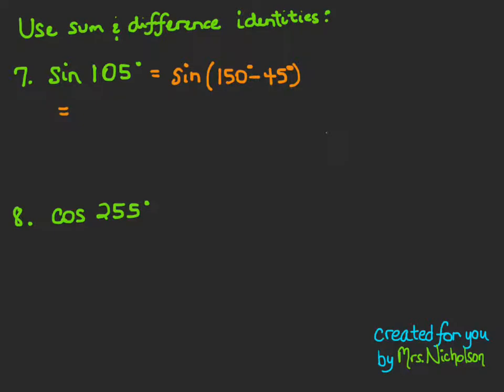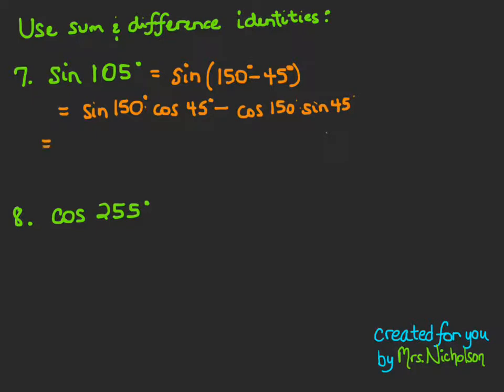This is going to be equal to sine of 150 times cosine of 45 minus cosine of 150 degrees times sine of 45 degrees.